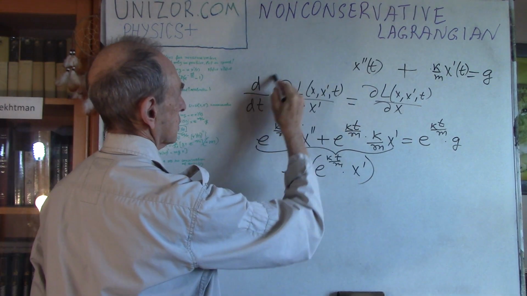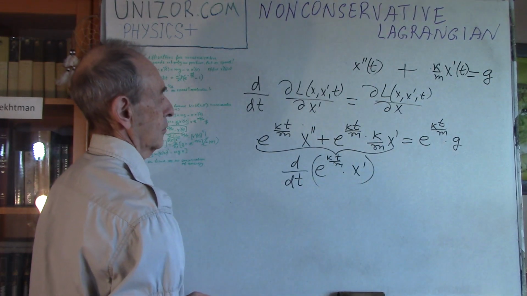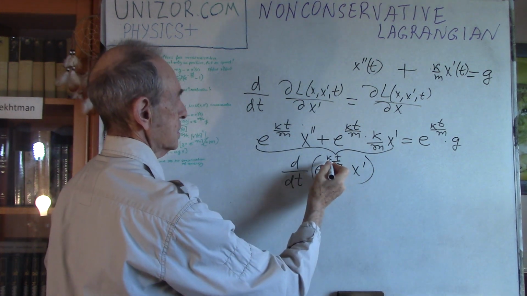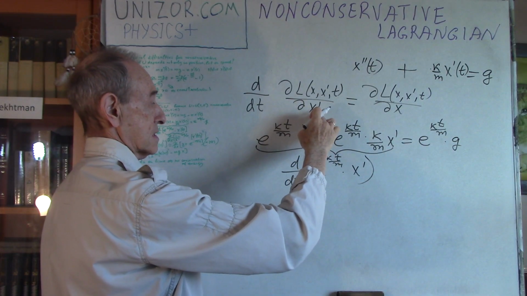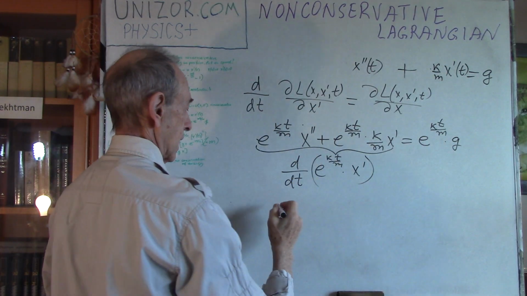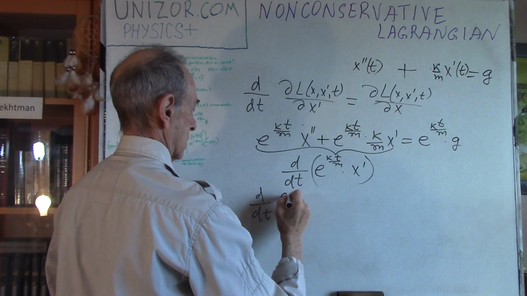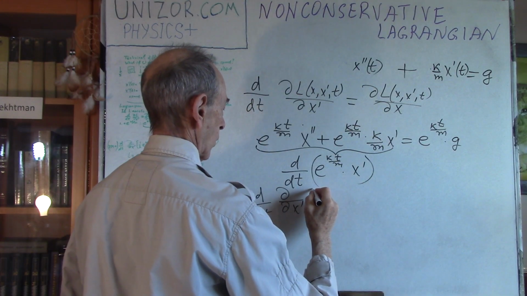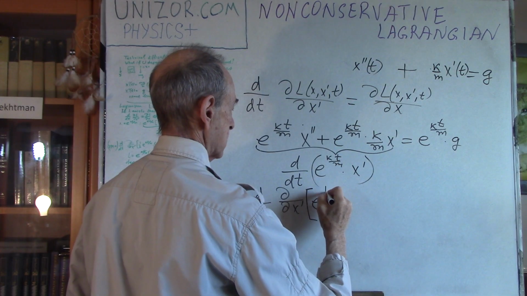I need this to be equal to this, right? Well, that's easy, because this is a function of t, and this is a partial derivative only by x prime, by the speed, right? So I can actually have d by dt of, d by dx prime of what? Now this is a function of t.